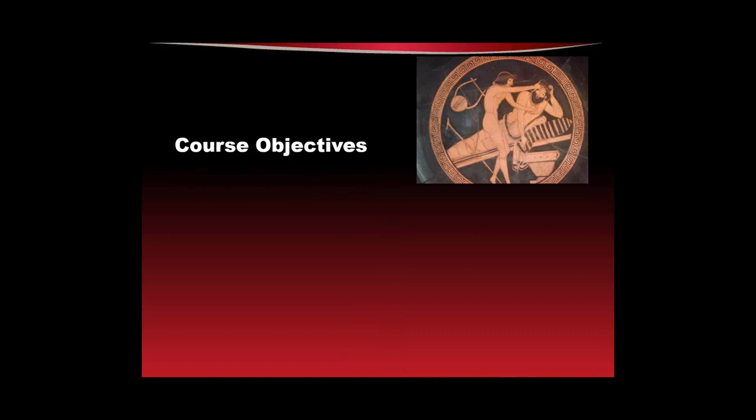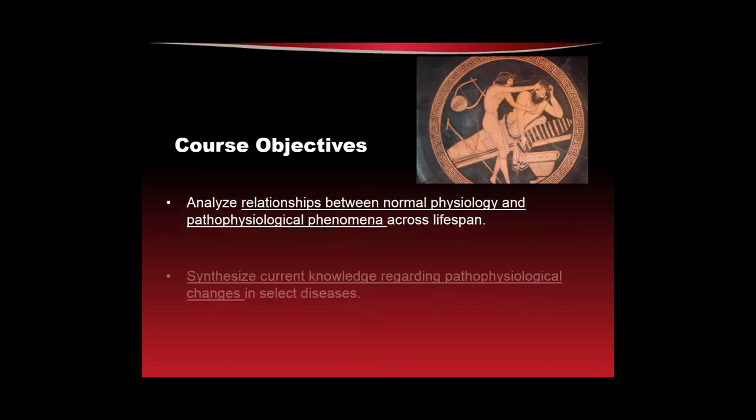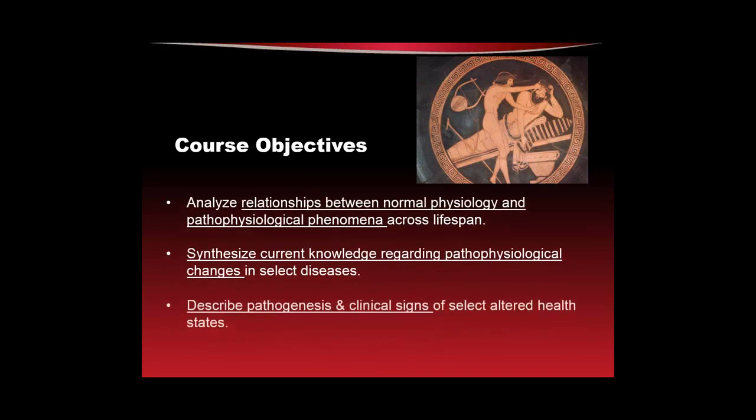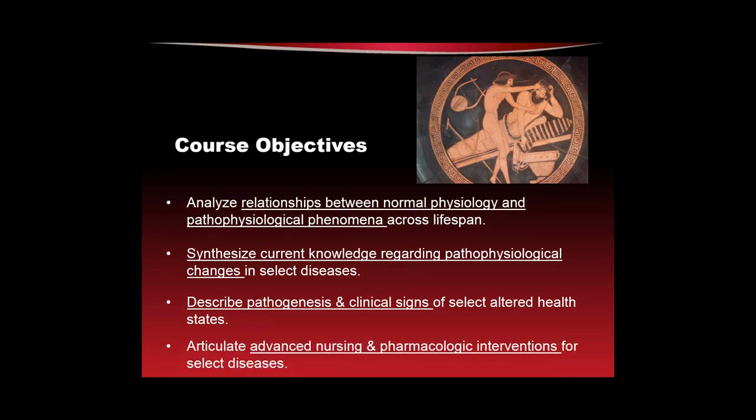For the course objectives, we want the students to analyze relationships between normal physiology and pathophysiology of specific systems as they relate to common diseases such as diabetes, cardiovascular disease, gastric ulcers, etc., across the lifespan.